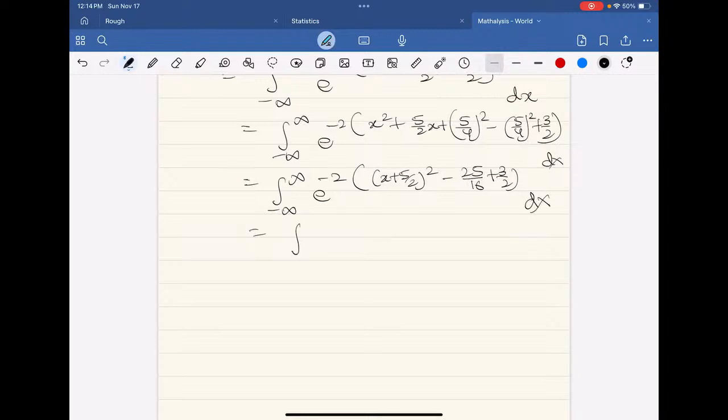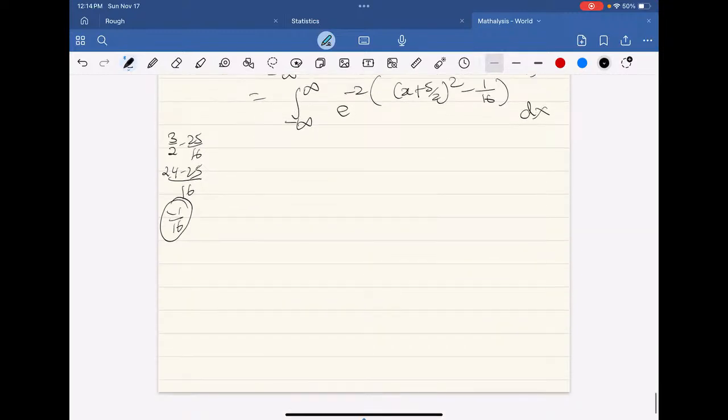And now the integral from minus infinity to infinity, e to the power minus 2 times x plus 5 by 4 whole square. Now this will just be 3 by 2 minus 25 by 16. So that means 24 minus 25 over 16, which is minus 1 by 16 dx, right?